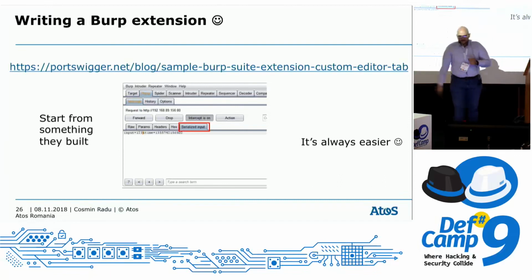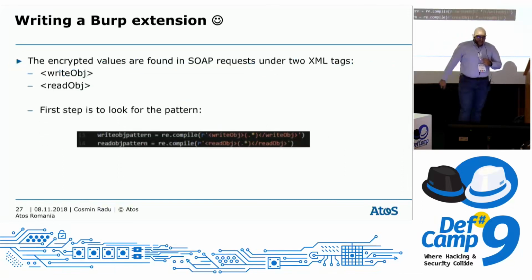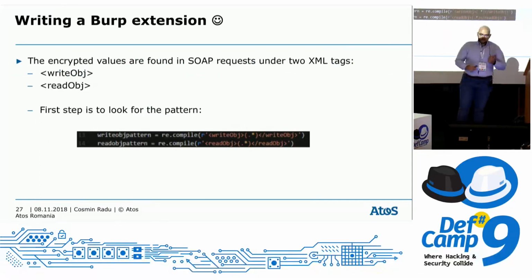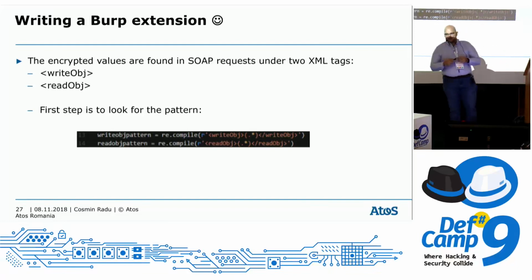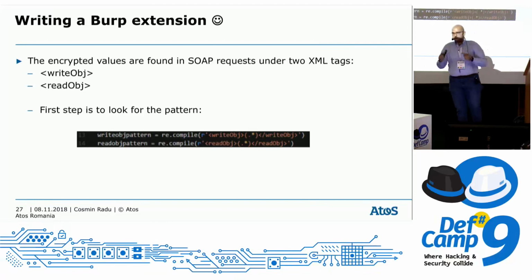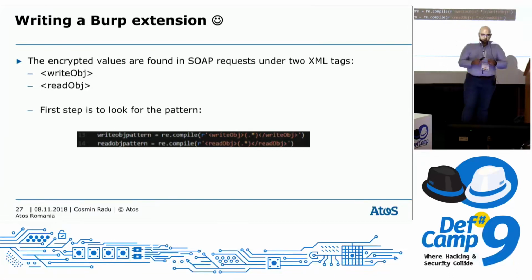I got that extension. I started to look through it. They provide it in Java and Jython also, which is great because I don't like Java. And I started writing it. What was the first thing I had to do? I didn't tell you earlier, but the data, the encrypted values, were sent in sub requests to the server under 2 XML tags, write object and read object.